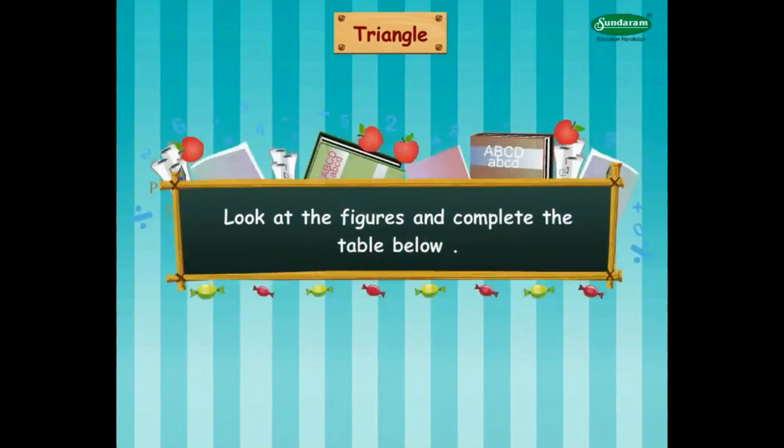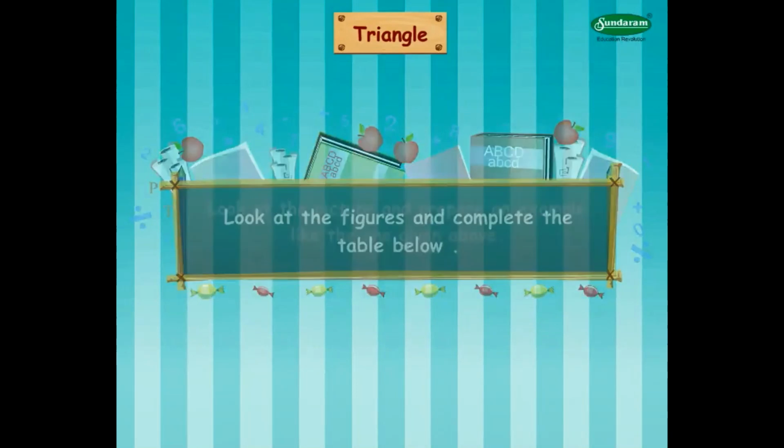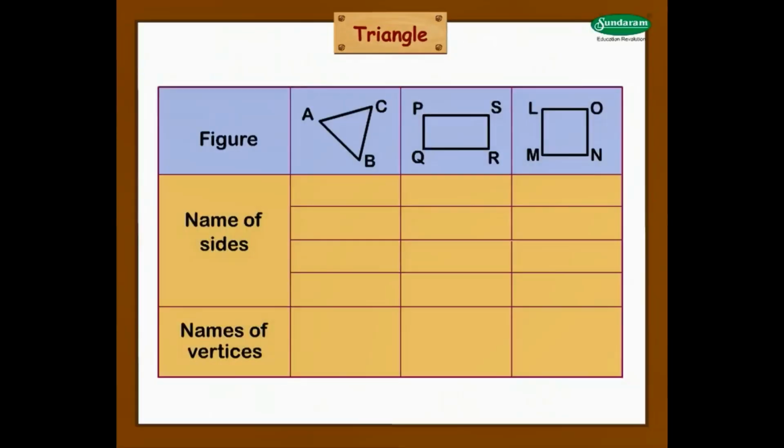Look at the figure and complete the table below. This is triangle ABC. The names of the sides are side AB, side BC and side AC.